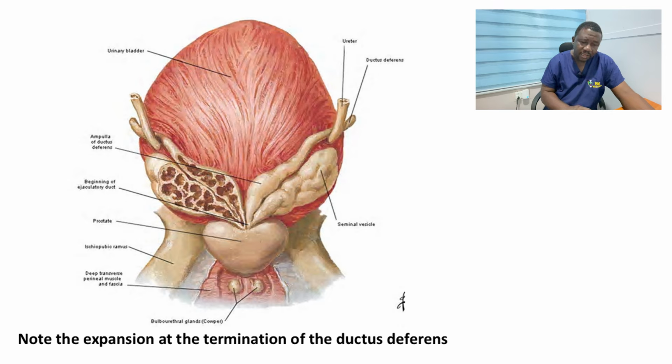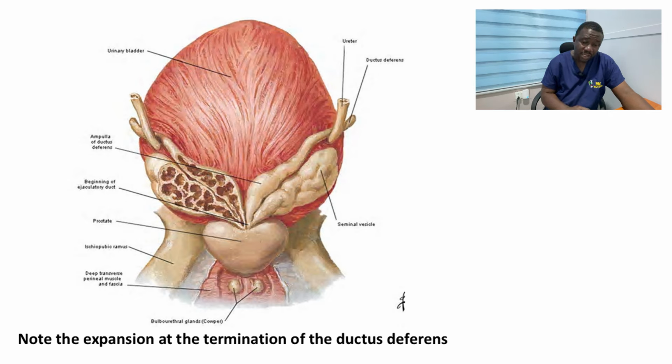Now, this cross section is important. The ductus deferens passes posterior to where the urethra joins the bladder. So any problem that happens here, let's say there's a kidney stone locked in here, is going to affect this particular structure and block the pathway of the sperm cells.